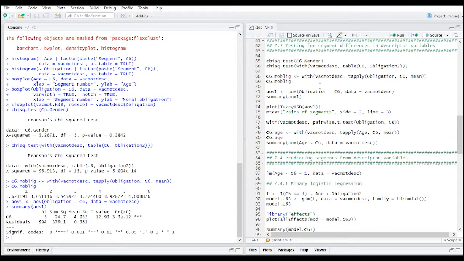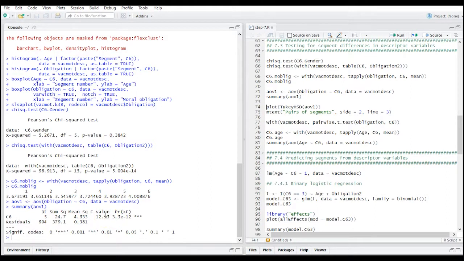So we can look at the summary method for that object, and we can see why it's called analysis of variance, because it splits the total variance in our data into a variance which is due to the categorical variable, which is due to differences in mean values between segments, and the remaining variance we have. So we have the between segment variance and the within segment variance, sort of. These are corrected for the degrees of freedom we have in our data set, and then we calculate the F value.